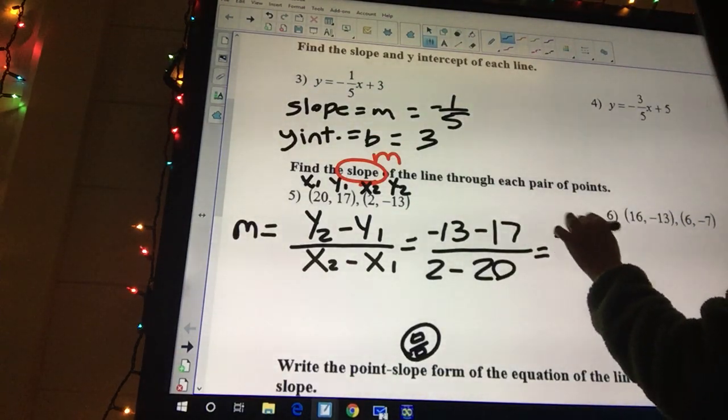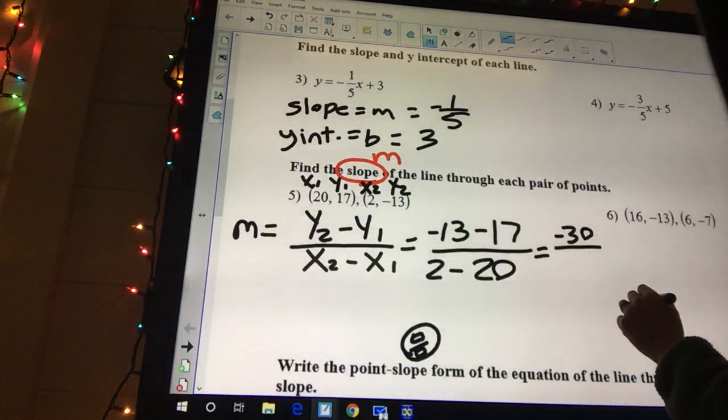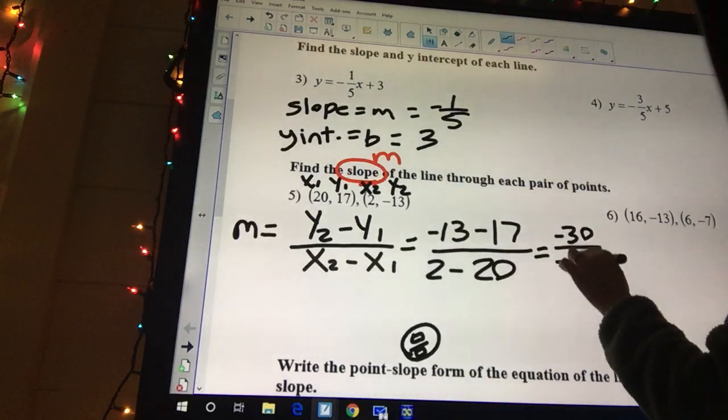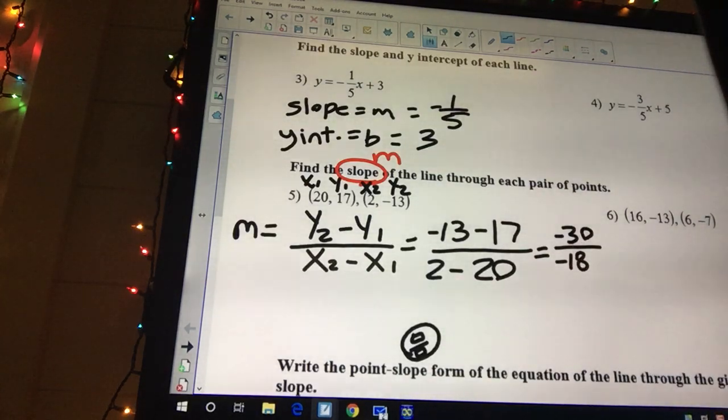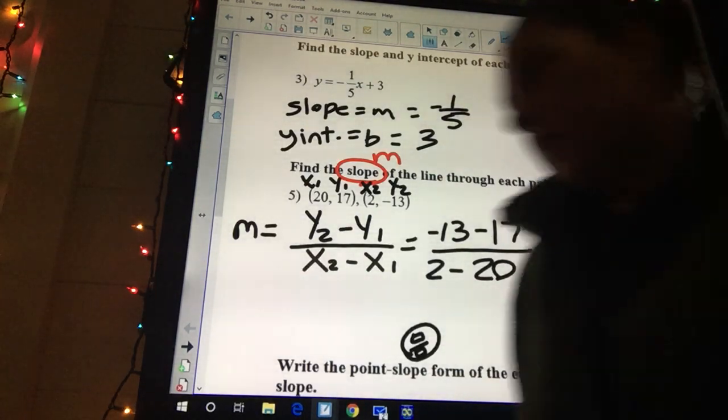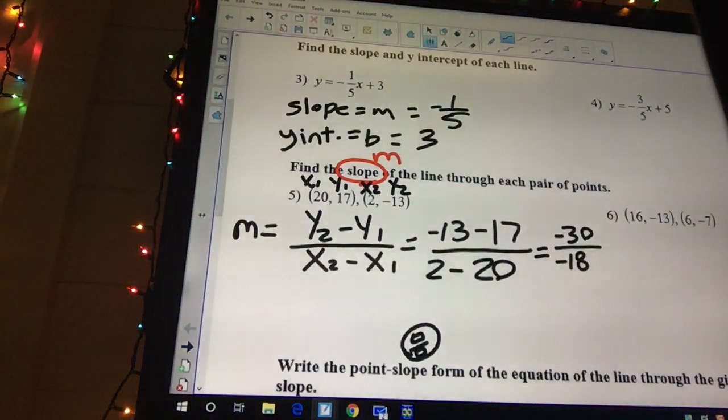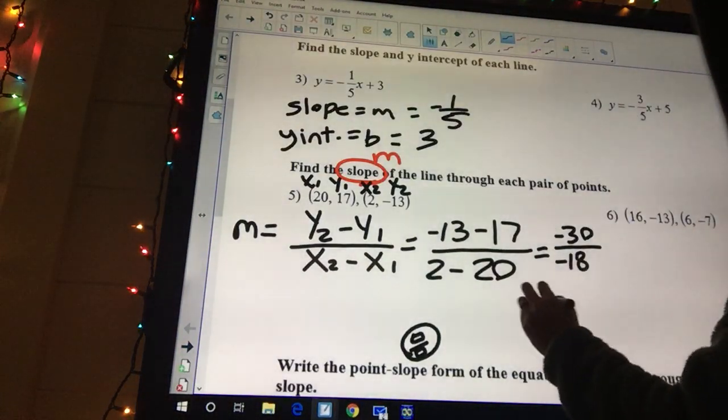It's -30 over -18, which is really just 5/3.